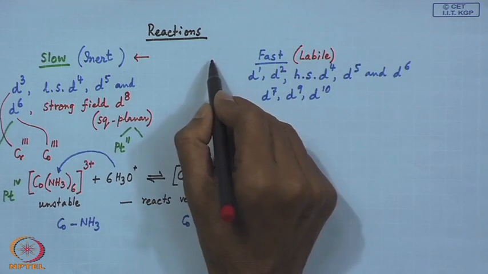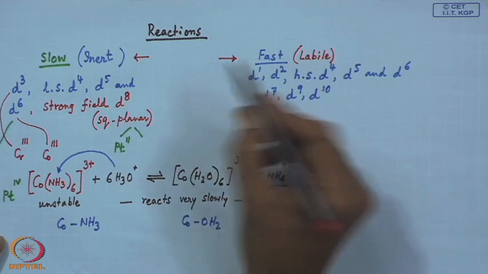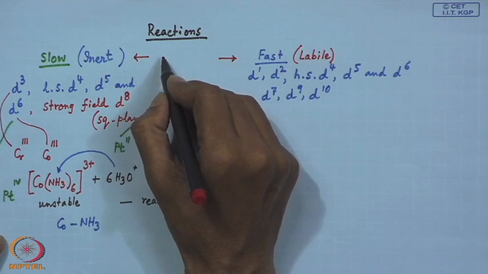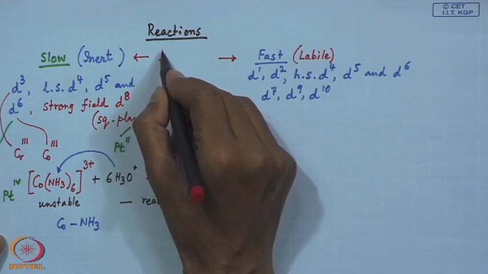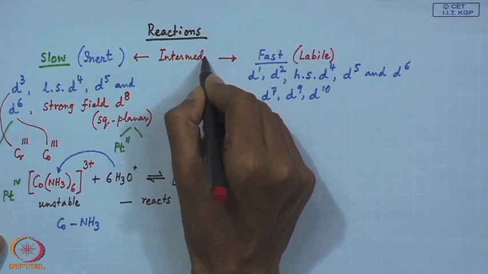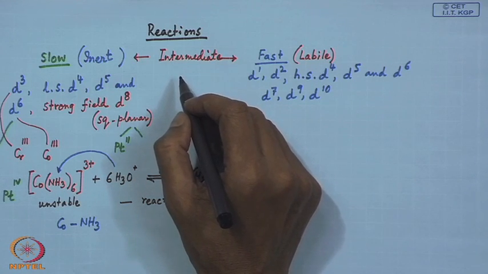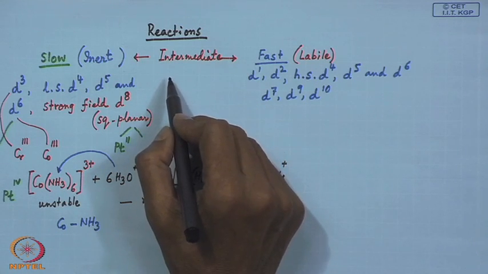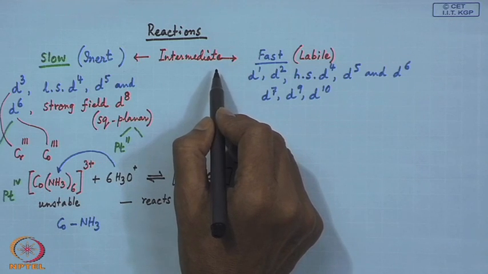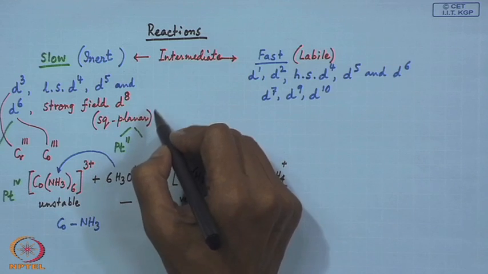One is the slower range and the other is the faster reactions, but some of these molecules can also come as intermediate between these two ranges. These are metal complexes which show an intermediate reactivity pattern or reaction rate. Kinetics tells us it will have an intermediate rate of reaction for ligand substitution reactions.